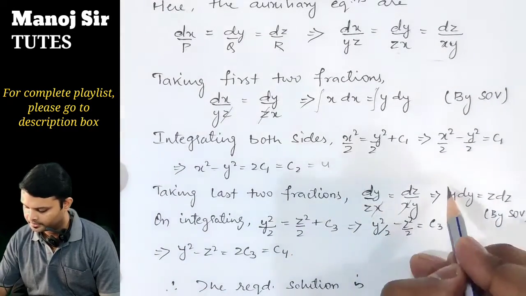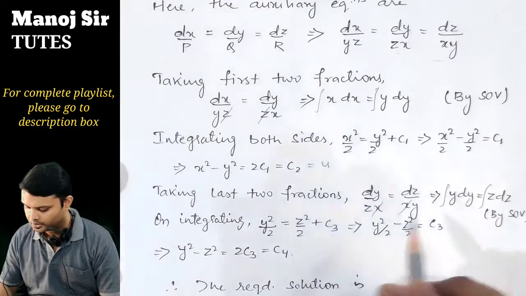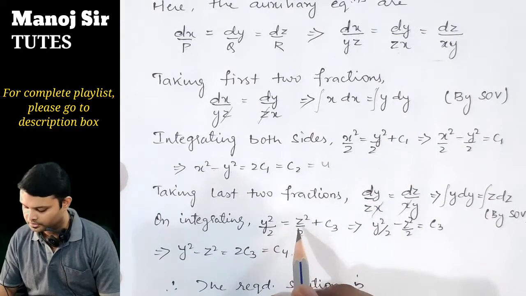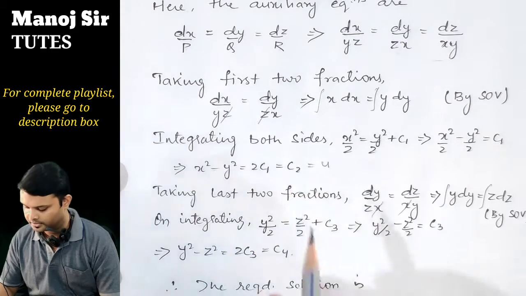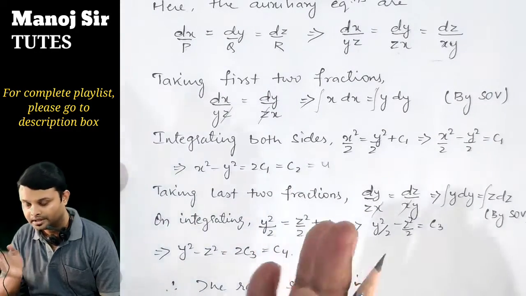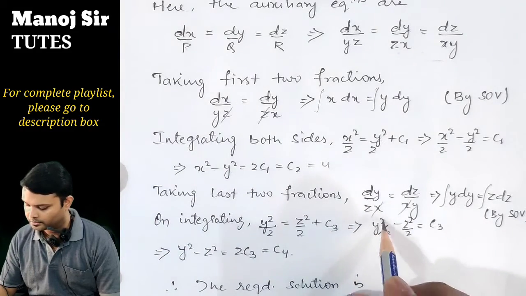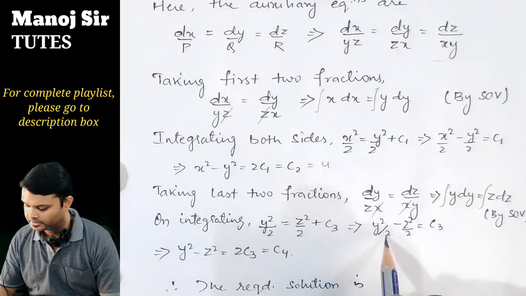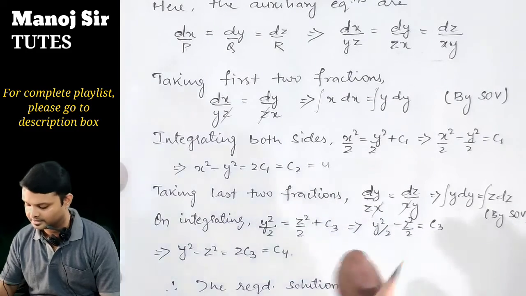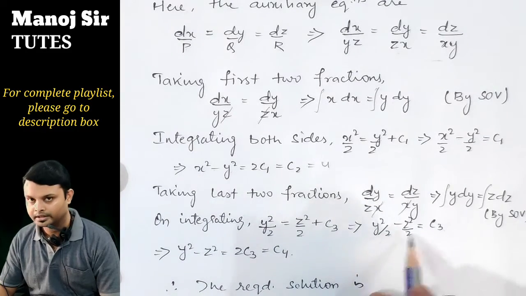So on integrating, this will become y square upon 2 equals z square upon 2 plus c3. Here we had c2, here we have written c3. Now taking this z square upon 2 to the left hand side, this will become y square upon 2 minus z square upon 2 equals c3. Now here again we have 2 as LCM, so we can take this LCM to the right hand side.